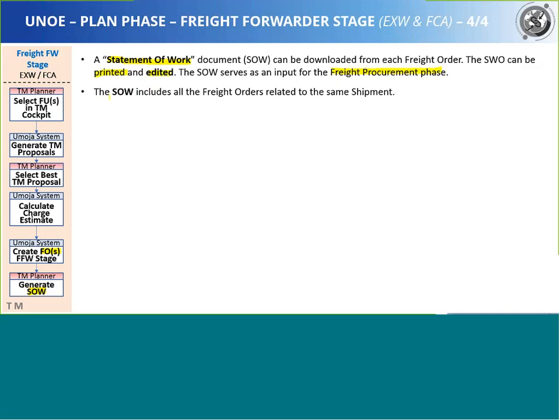The statement of work document can be printed from each freight order, and once you print it, you'll see all the different details related to the freight orders that comprise the entire shipment.